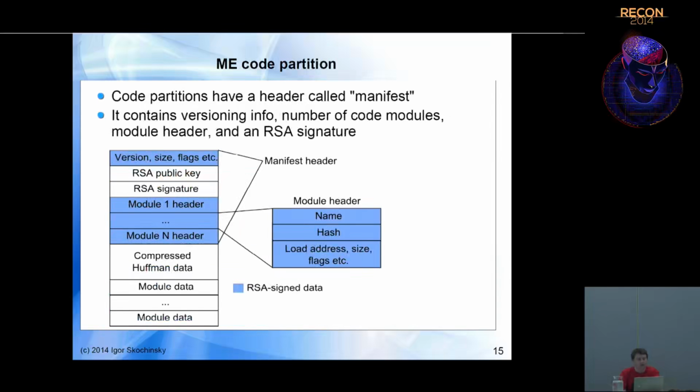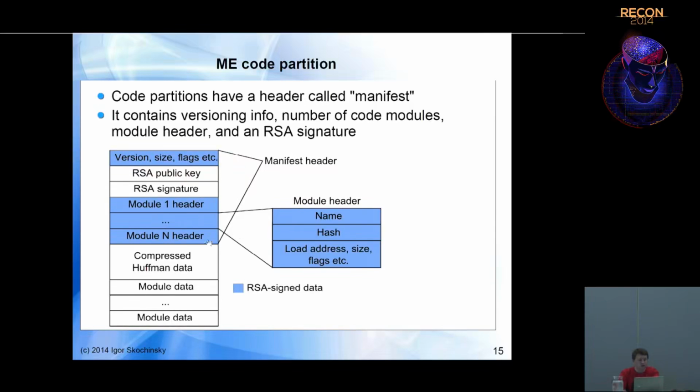These code partitions again split into several parts. They begin with the so-called manifest header. This header has various flags and the headers of the modules that are contained in this code partition. So the code partition can contain several code modules in turn.